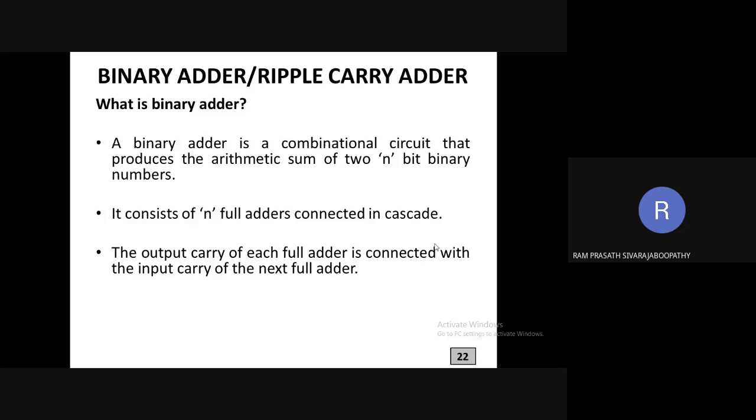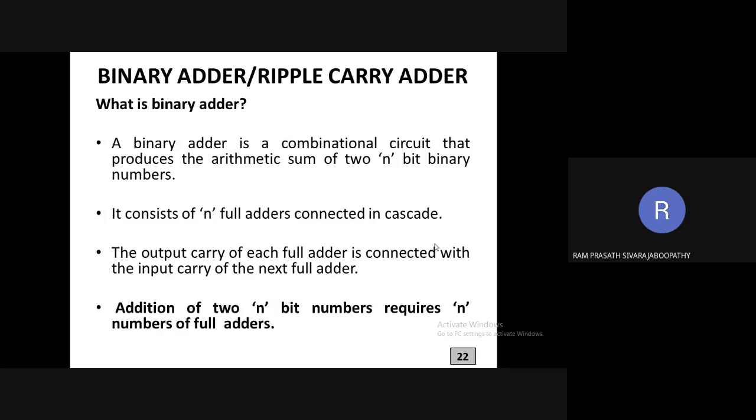By that means we are going to connect the circuit. The addition of 2 n-bit numbers requires n number of full adders. That's what I am repeating again and again. So to add n-bit numbers, there are two combinations. One is 1 half adder plus n-1 full adders. The other is n full adders. Whichever you write is correct. Fine. Shall I proceed to the design?